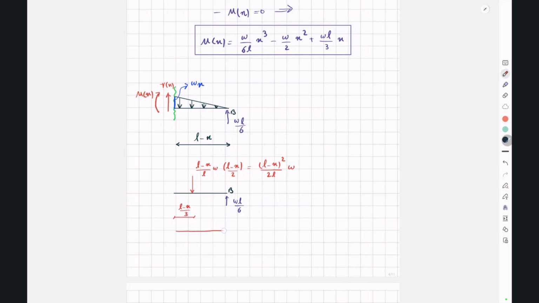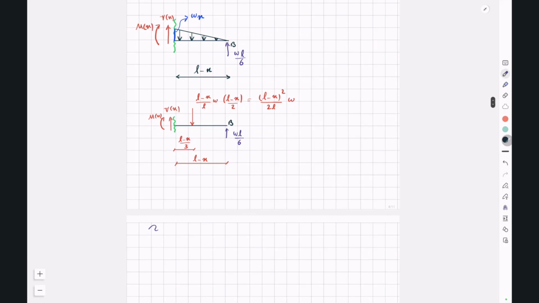The total length is L minus x. We have Vx, and we have Mx, and this is your cut segment.